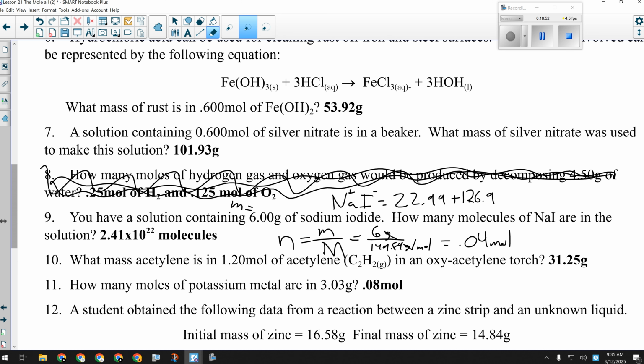Now that I know N, I'm looking for the number of molecules. So what do I do next? Multiply by Avogadro's number, right? If I want to find molecules, I'm always multiplying by Avogadro's number. So it's just this number multiplied by 6.02 times 10 to the 23.